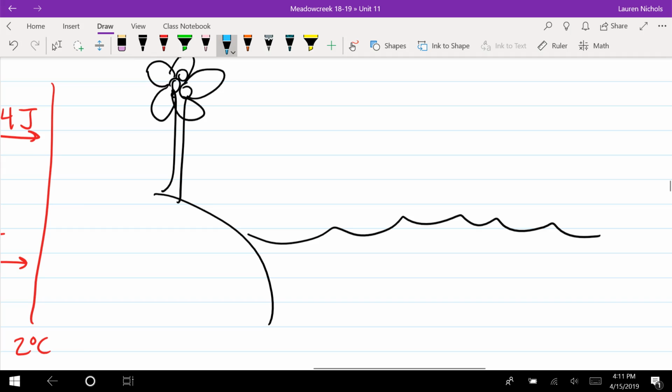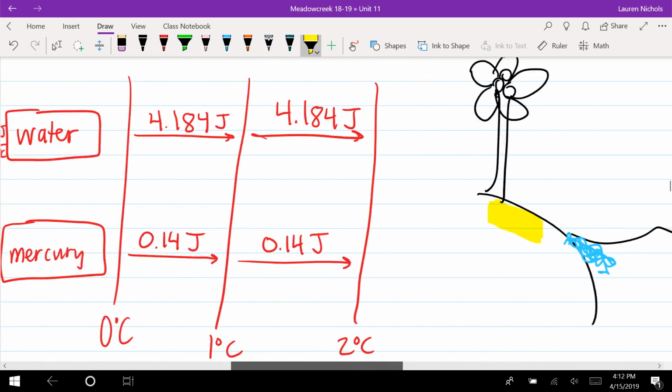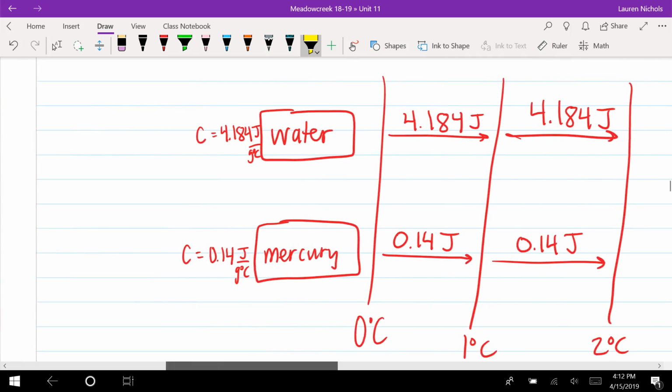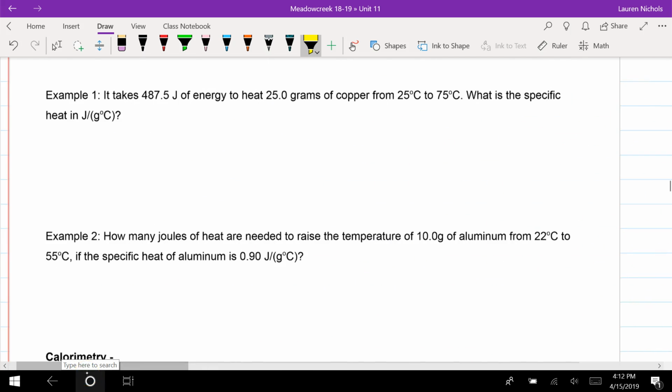If you walk in the water, the part of the beach that's on the water, your feet are going to feel cool, and the sand will not burn your feet. But if you walk on the part of the beach that doesn't touch the water, the sand is so hot that it feels like fire on your toes. That's because the sand has a smaller specific heat than water. It's going to heat up much faster, whereas water is going to take a long time to heat up. So those are my two pictures for that.